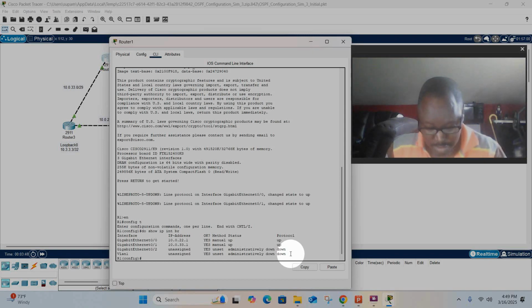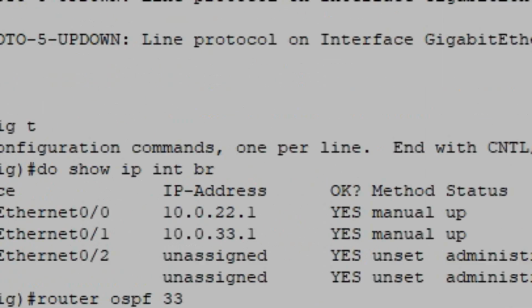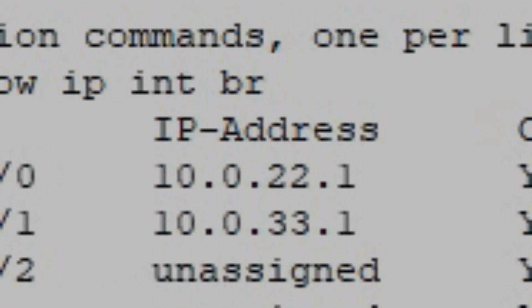So let's go ahead and configure OSPF. Router OSPF 33. And we're going to use a router ID of 10.0.33.1.